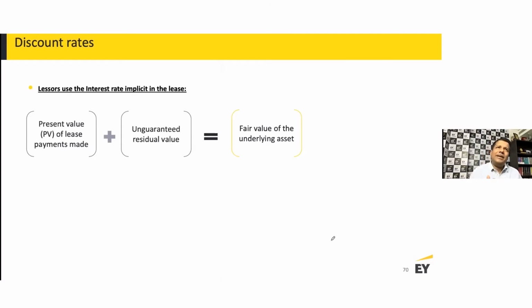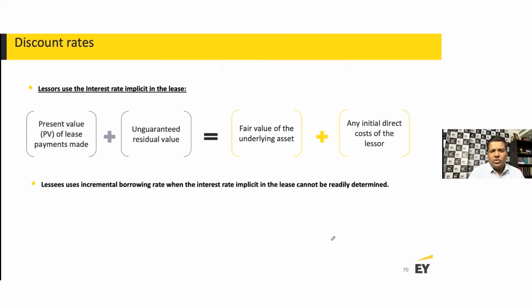Now, there are scenarios where there is no guaranteed residual value, then I'm going to figure out how much my unguaranteed residual value is, because that is also a factor which I assess in terms of my total project profitability, and that's what I'm going to use to determine the fair value of the underlying asset. Okay, and then I'm also going to look at the initial direct cost of the lessor, right?